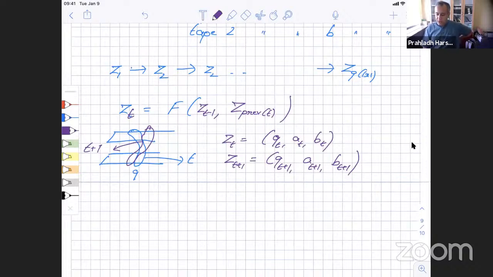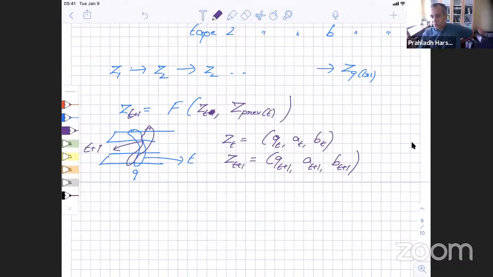So you possibly need Z_T. Sorry, I was mixing things up. What is Z prev of T? Now I'm going to make this an oblivious Turing machine. Therefore, the position of the head at time T is not a function of the input. It's a function only of the length of the input.